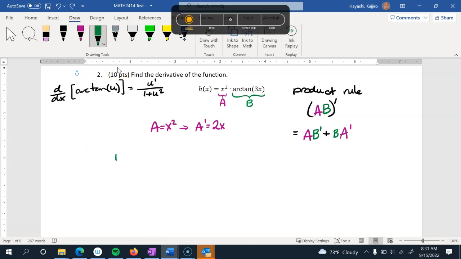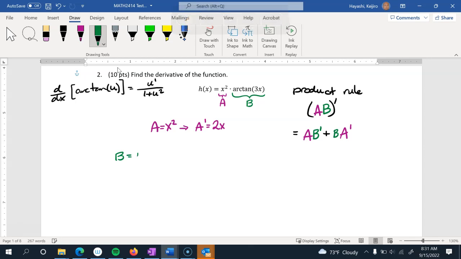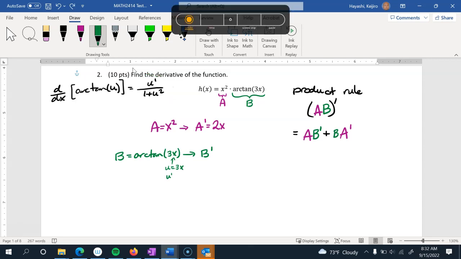And on the other hand, if b is the arctan of 3x, well, that means b prime, the derivative of that, we'll follow this formula, but u is 3x and u prime is 3.